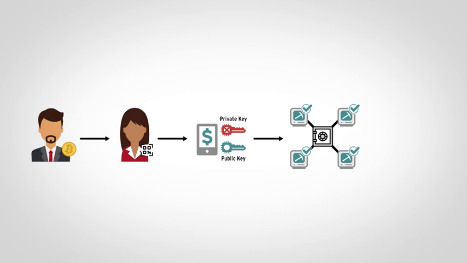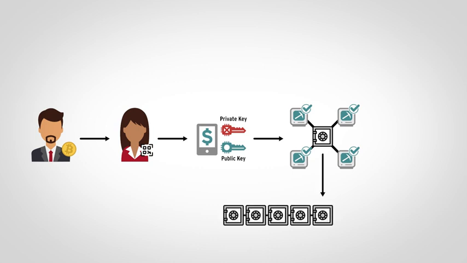Once the hash is found, the mining is completed. This block is now transmitted to all the other nodes. And once this block is verified by each node, it is added to the blockchain. Once the block with Alex's transaction is added to the blockchain, Alex has successfully sent the money to Sonia.